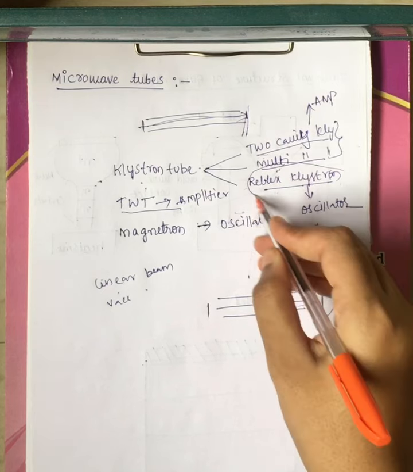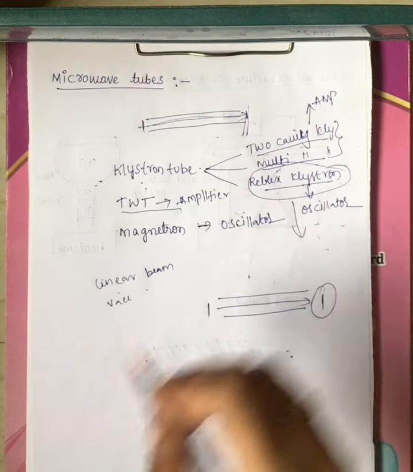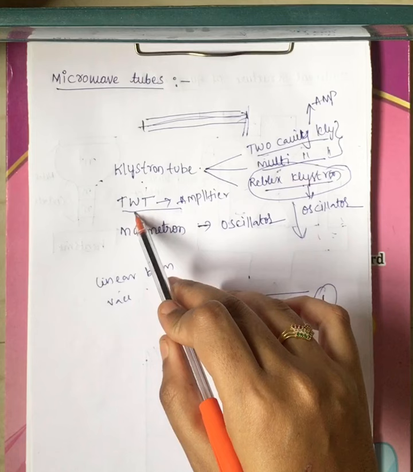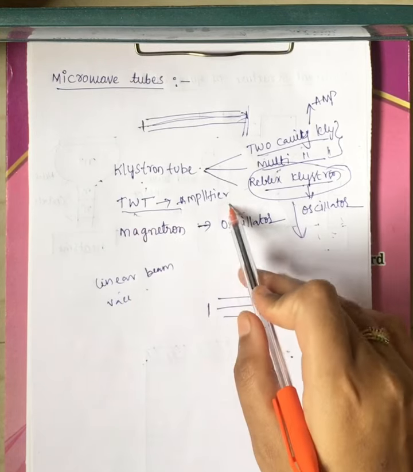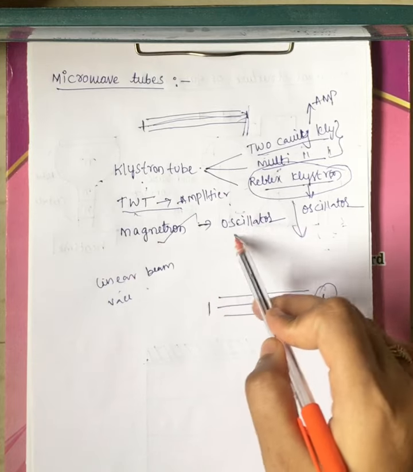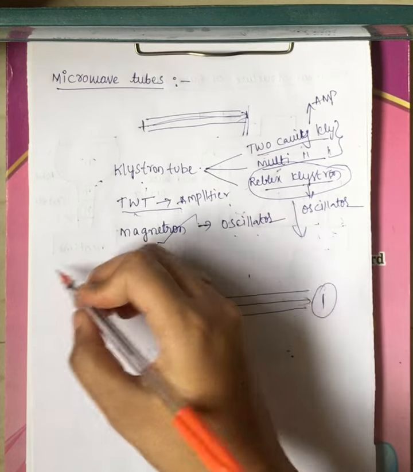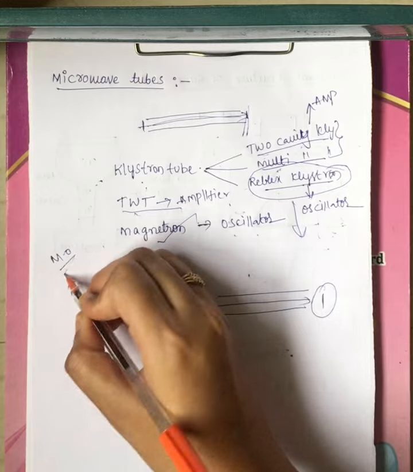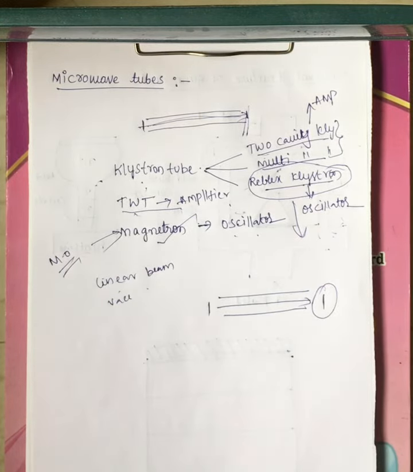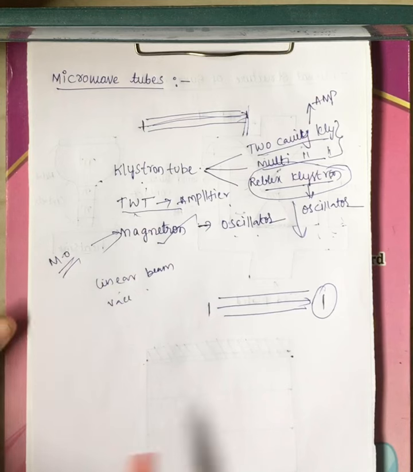Characteristics of reflex klystron is one of your lab experiments. Next is the traveling wave tube, an amplifier for RF input signals, and magnetron is an oscillator. You know the microwave oven, right? That oven uses a magnetron for generation of the microwave signal. So reflex klystron and magnetron are oscillators, and two cavity, multi cavity, and TWT are amplifiers.